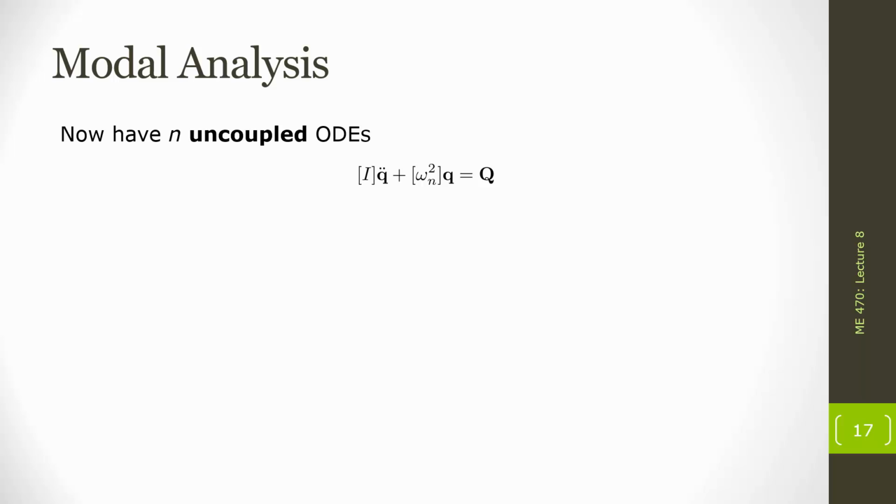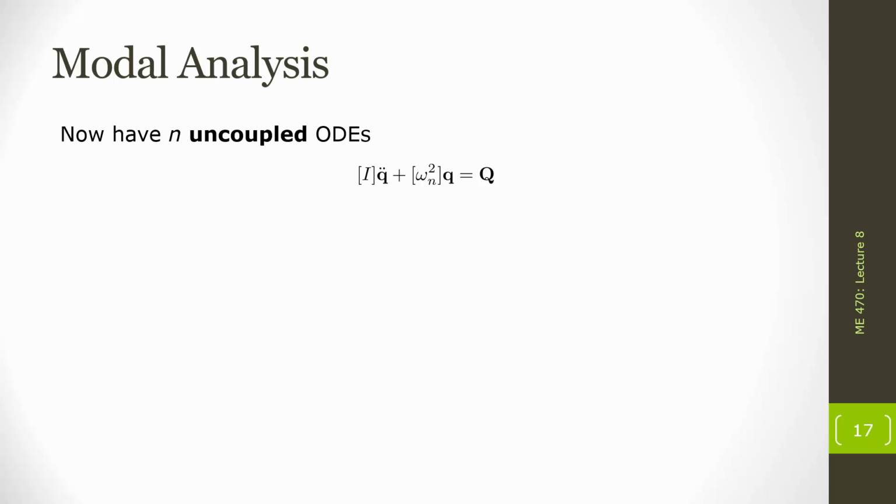It's going to be much easier to solve this series of ordinary differential equations when each one only has one degree of freedom and its second derivative in it, rather than the original system where every equation of motion probably had all of our degrees of freedom and their second derivatives.